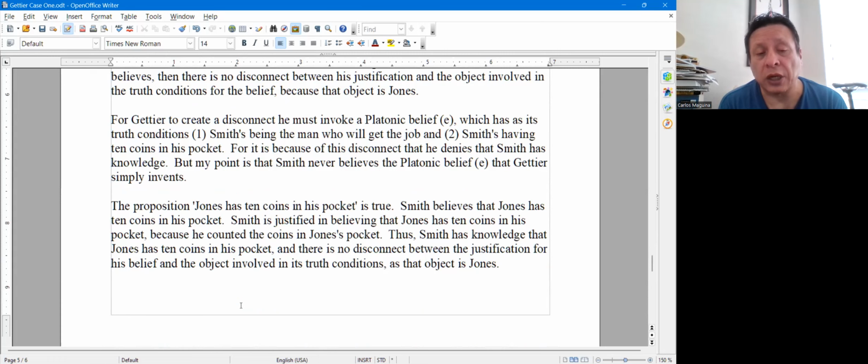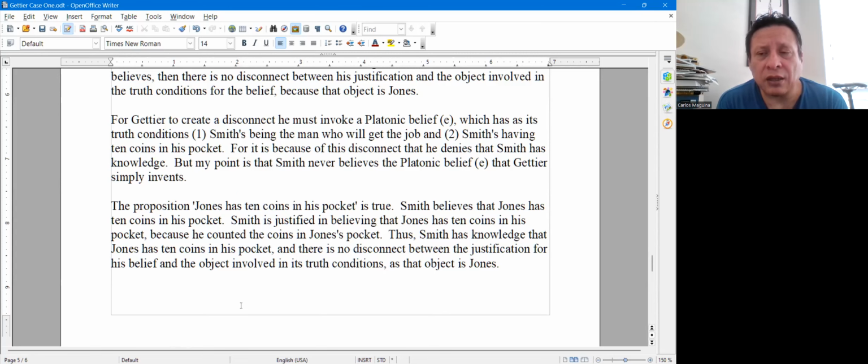And because Smith is justified in believing because he counted them, he believes it, and it's true. Yes, we know the sentence is the man who will get the job has 10 coins in his pocket, but that just means Jones has 10 coins in his pocket. So the proposition is Jones has 10 coins in his pocket.